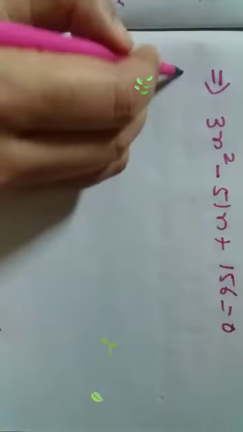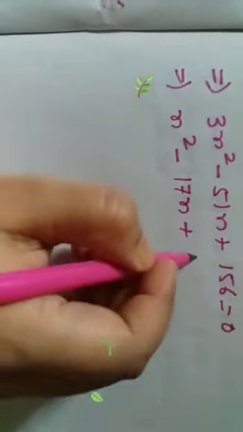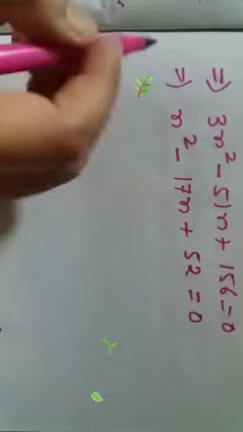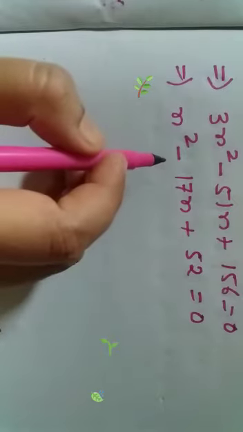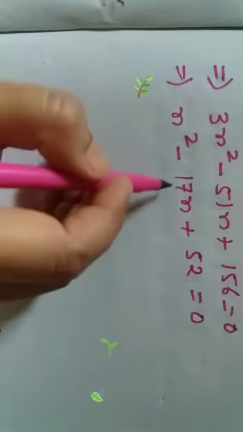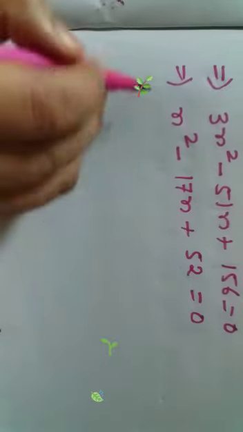So we can write n square minus 17n plus 52 is equals to 0. Now break the middle term 17 as minus 13 and minus 4, since 13 into 4 is 52.